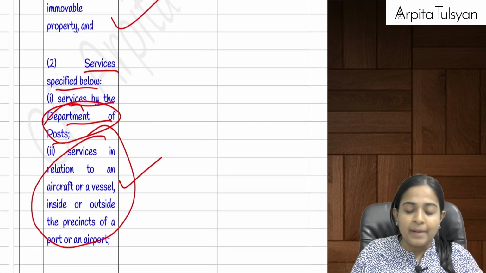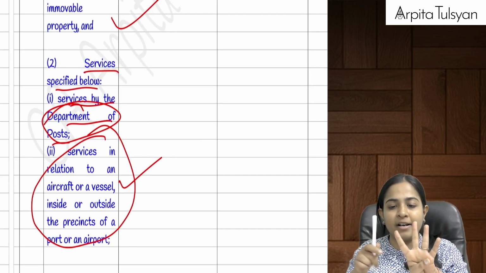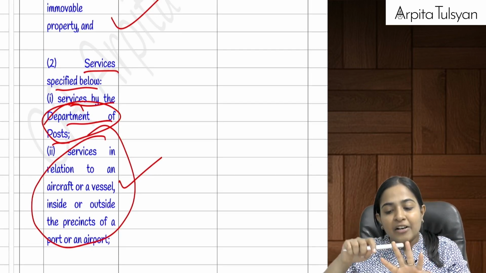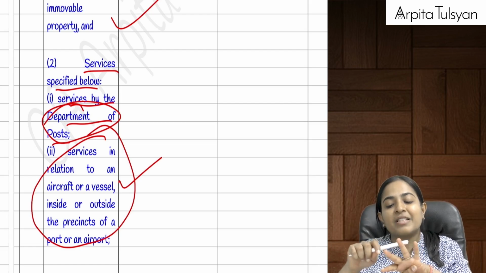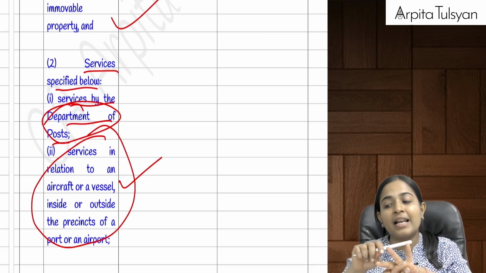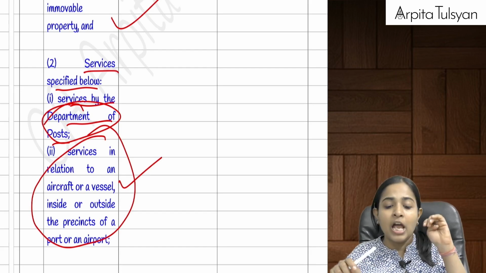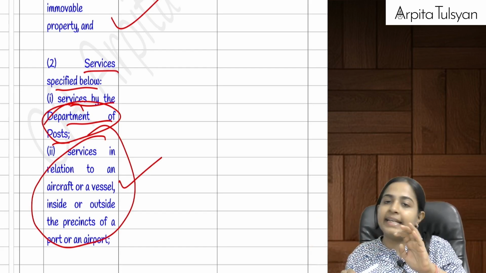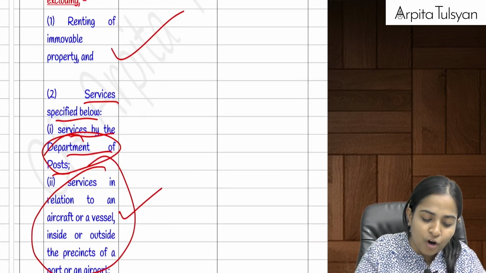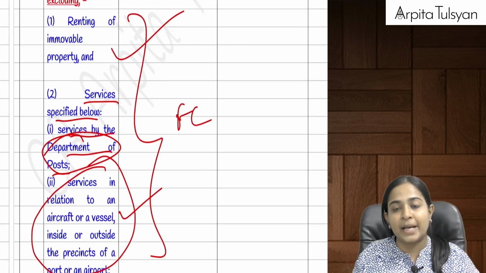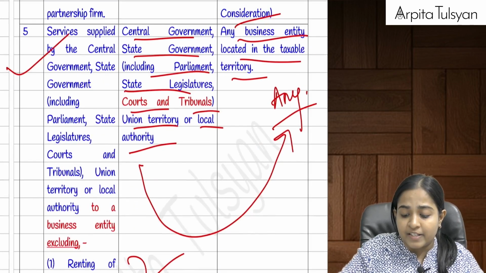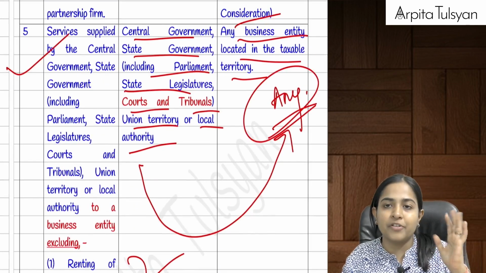So basically four services are excluded here: renting of immovable property, services by Department of Post, services in relation to aircraft or vessel, or services for transportation of goods or passengers. If these are provided by the government to any business entity, then forward charge will be applicable. For all the other services, reverse charge mechanism is applicable.